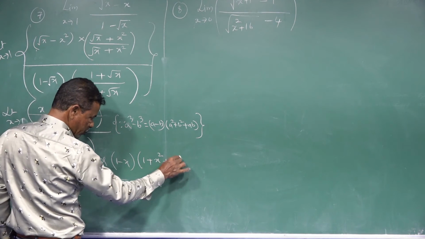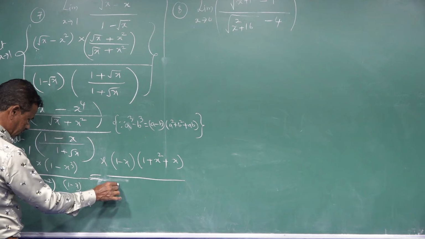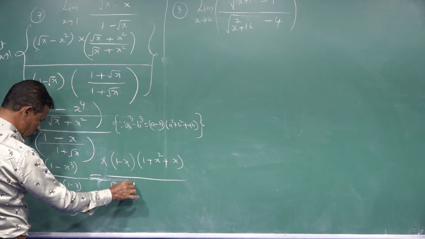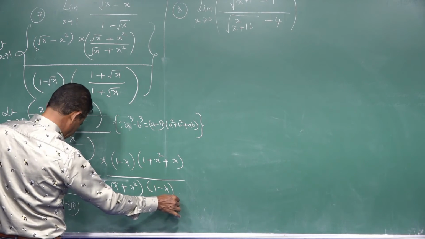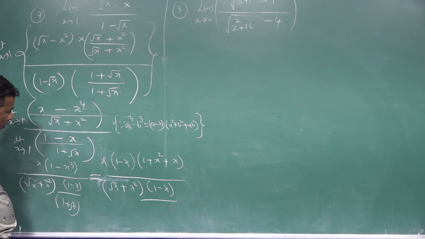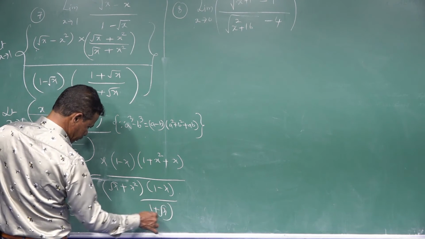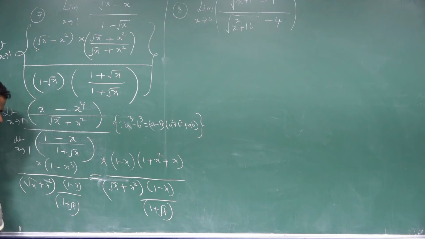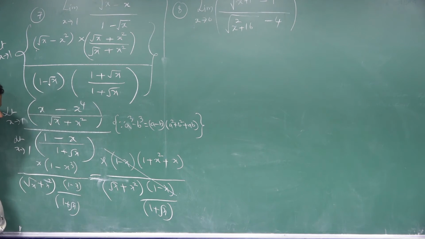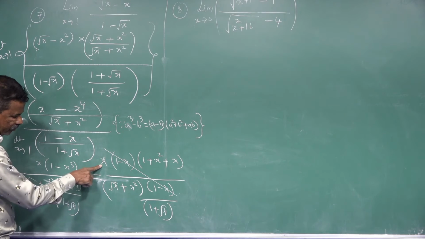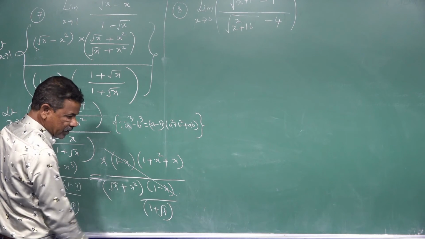Division here root x plus x square as it is, 1 minus x division of 1 plus root x. So here 1 minus x gets cancelled. All terms are x.